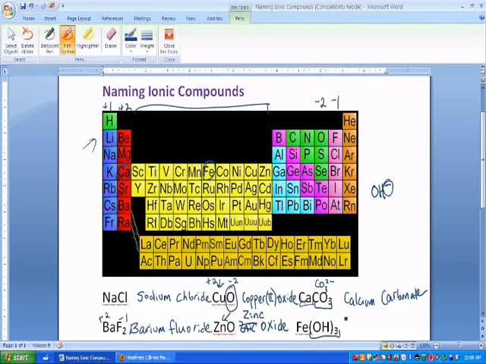If you have learned the polyatomic ions, you will see that hydroxide has a -1 charge, and you have 3 of them. So iron has to be +3. Because of the multiple oxidation states that iron can have, you do need a Roman numeral in this case, so it will be iron(III) hydroxide.